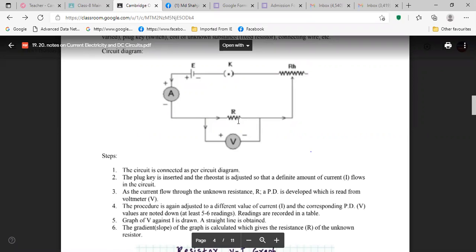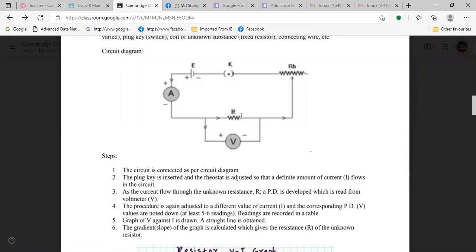Then R is the fixed resistor. We have a voltmeter connected parallel to the resistor, and an ammeter to measure the current. In this circuit the ammeter is connected in series, and the voltmeter is connected in parallel.